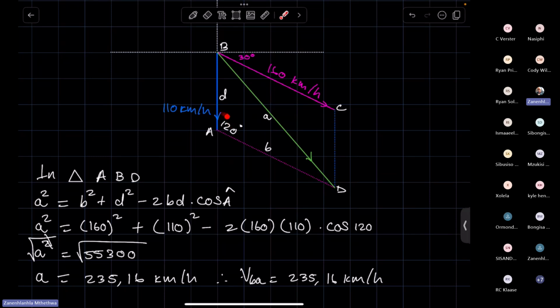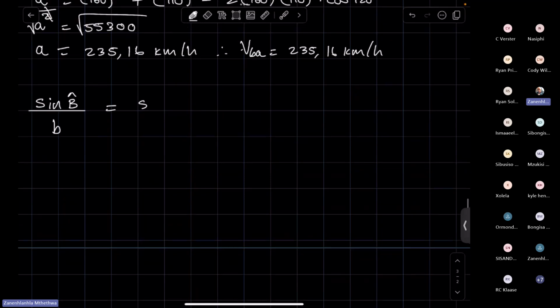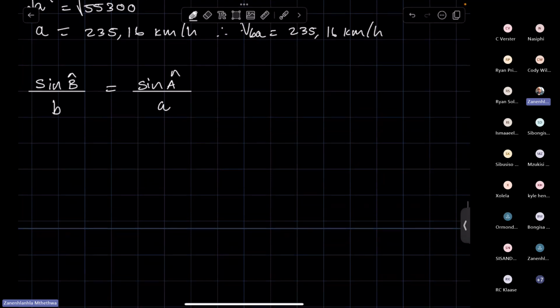The angle we have is this one. The side opposite is the resultant. So we're going to say sine A over A.